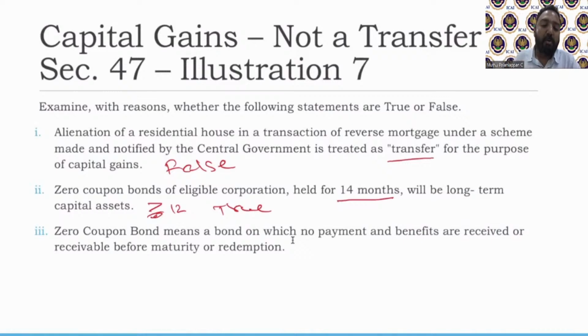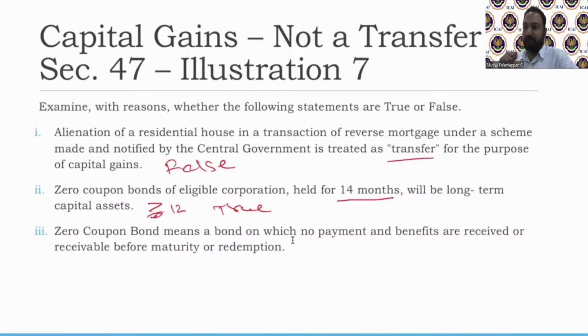So a zero coupon bond is basically issued by certain organizations, predominantly in the field of infrastructure. These companies issue bonds to the general public, and we buy that bond. They do infrastructure development based on the funds that they have received. So we are giving our money through a bond for them to do that infrastructure work.